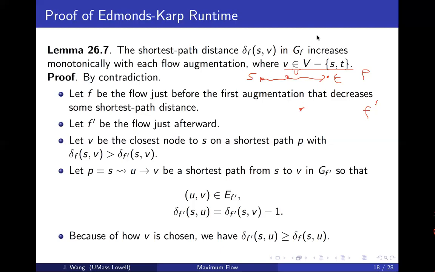For the same node V, the distance of the shortest path from S to V in F will always be less than or equal to the length of the shortest distance from S to V in F prime.